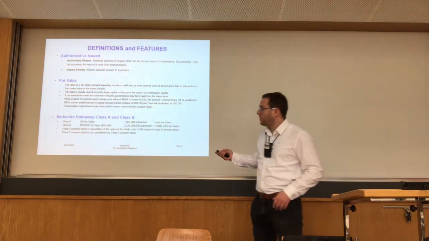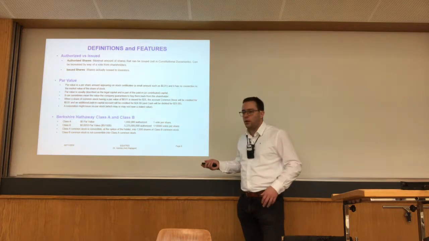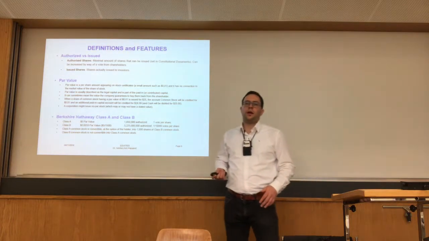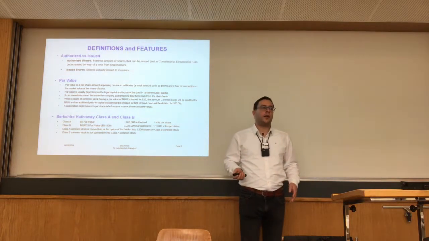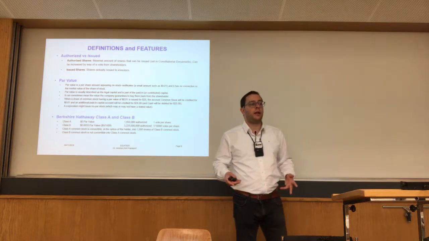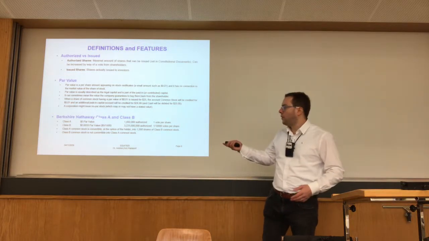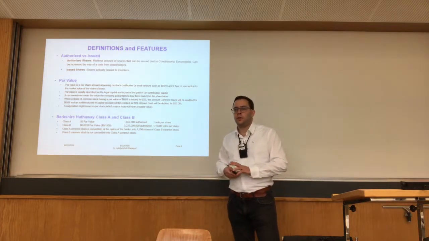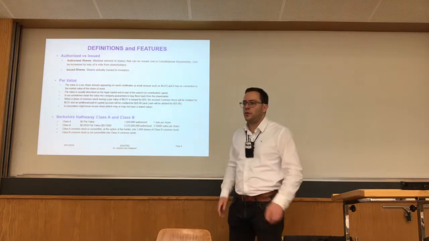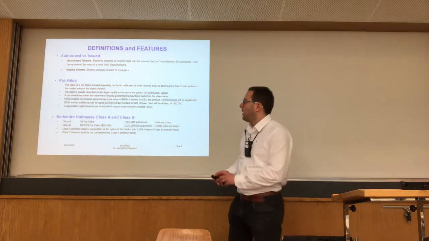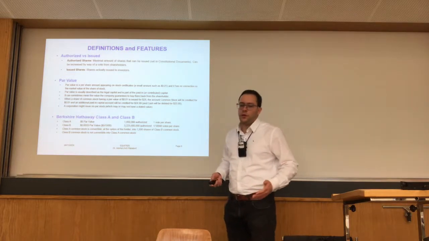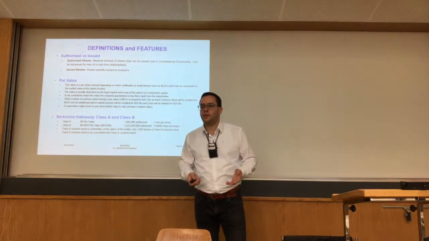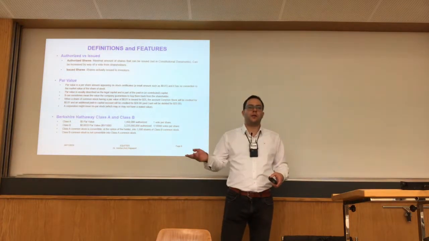You can have different classes. Berkshire Hathaway, a long time ago, management decided that they wanted two separate classes of shares: one for the long-term holders, big institutions and wealthy individuals that buy for the long term, and another smaller one for retail investors that often buy in and out.